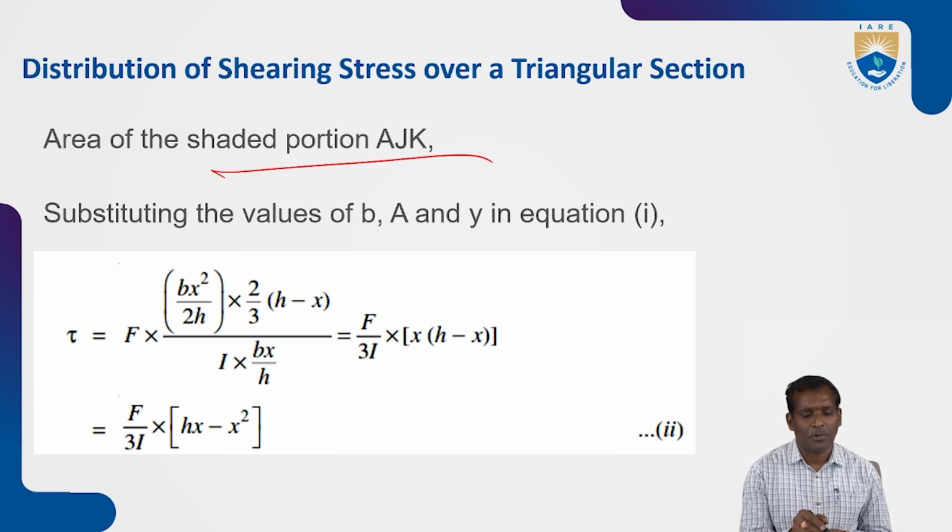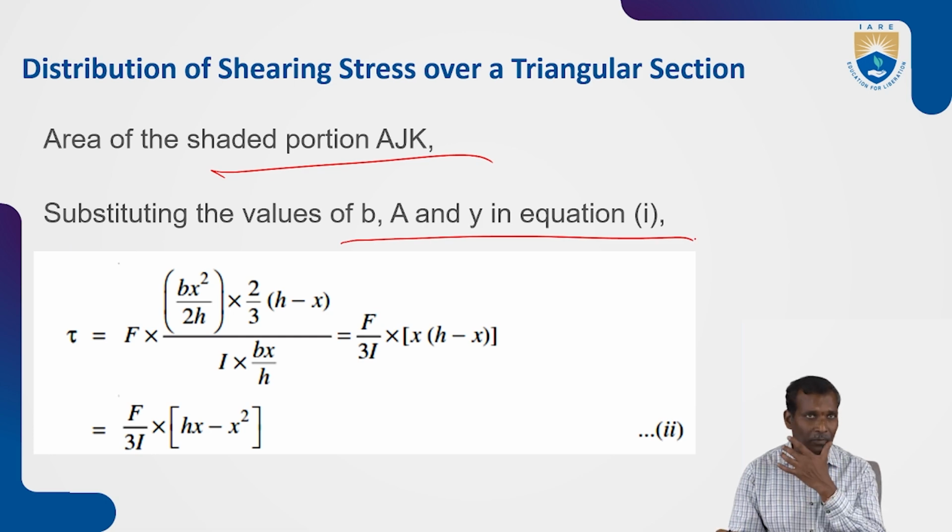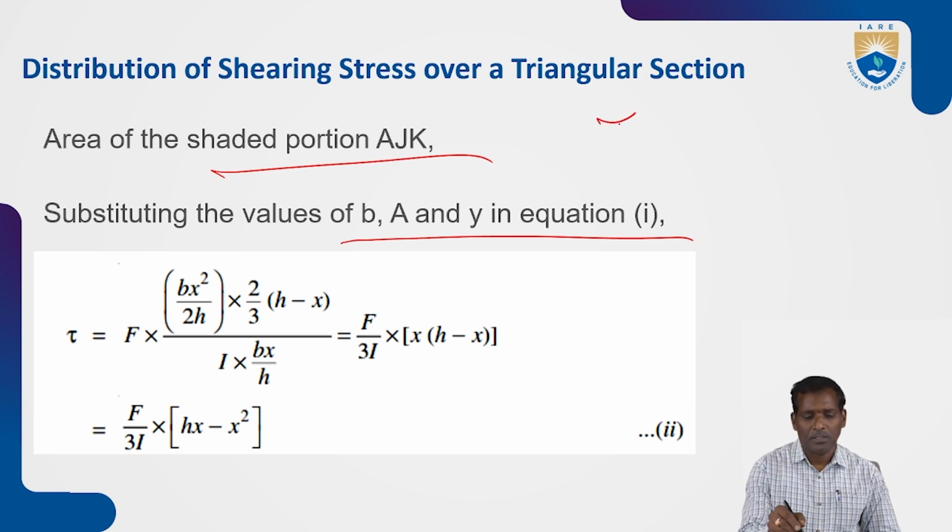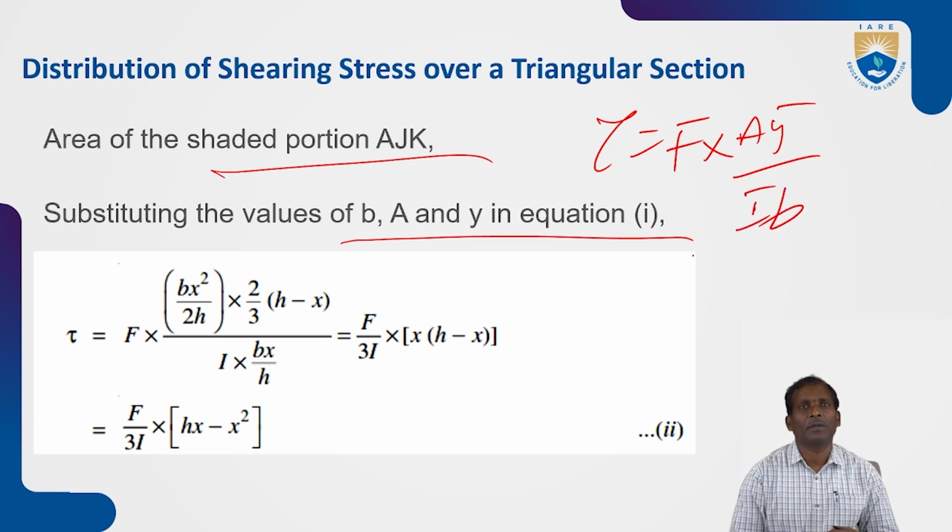Substituting the values of b, A and y bar in equation 1, you know equation 1: force into A y bar by I into b, it's already written. So what is A here?